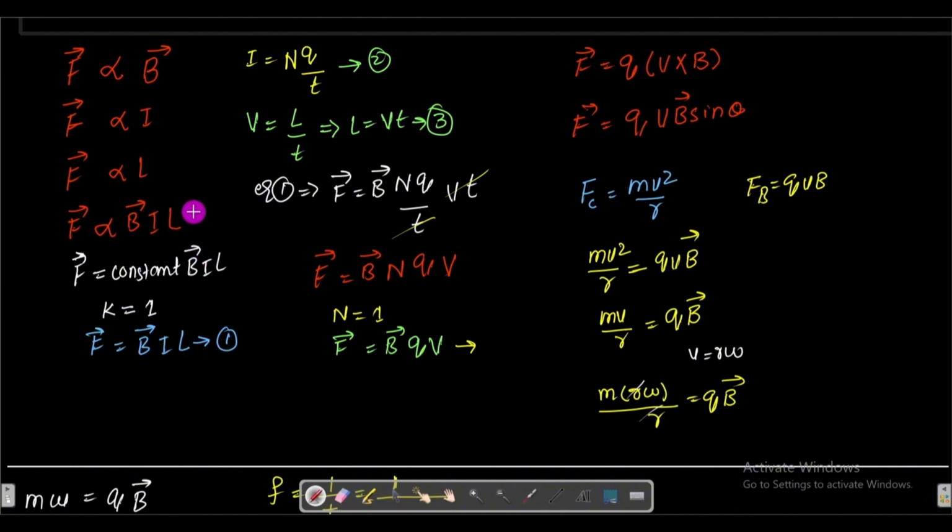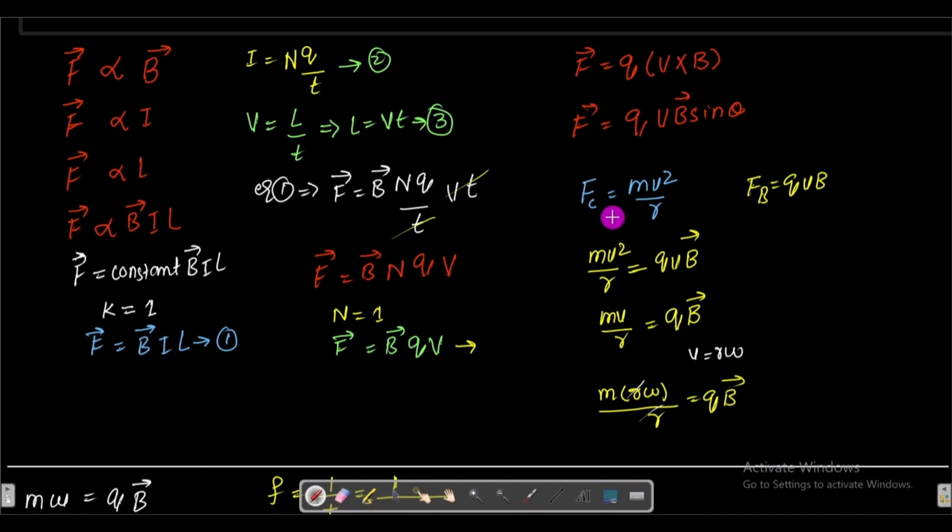And now we generalize that equation towards the force on a single free electron, moving with velocity v, when we place that moving free electron in an external magnetic field, then this force will be exerted. And we saw in the simulation that this force is exerted on the moving electron in a circular form.